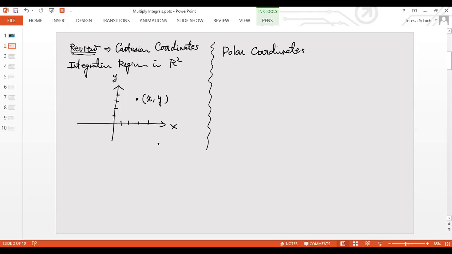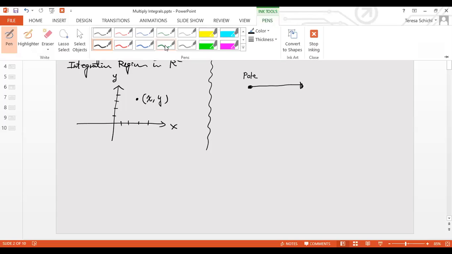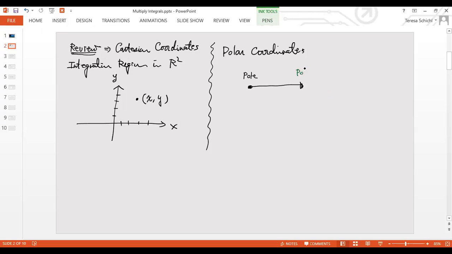So what is the polar coordinates? It's a little bit different than the Cartesians here. In polar coordinates, we have a pole, and then we call this the polar axis, kind of like a y-axis and x-axis, right?